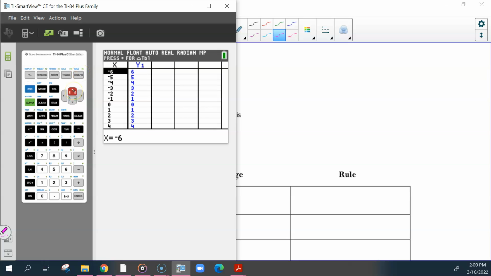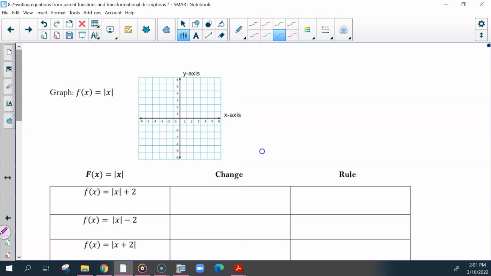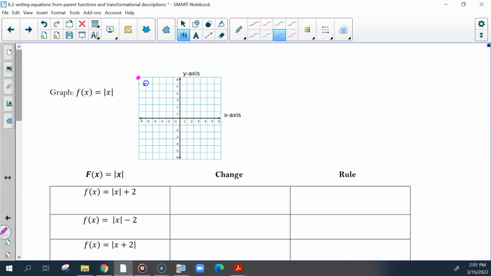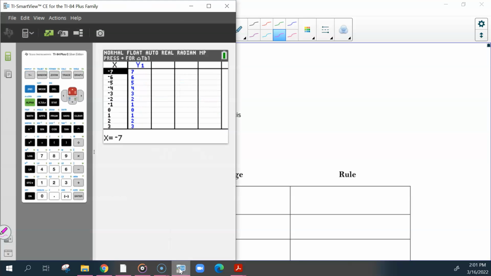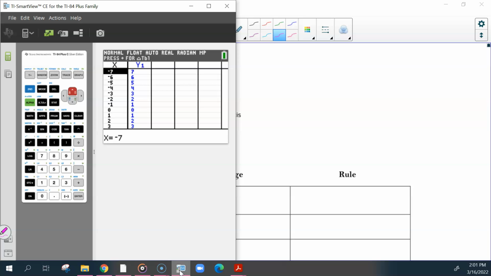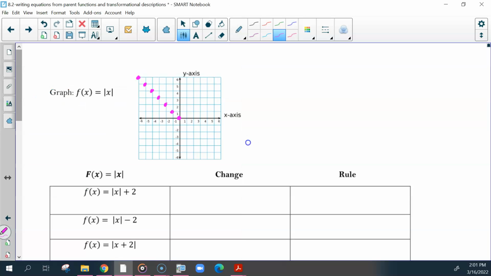What you see is that all these values are the same, so grab as many as possible. So it's at negative 6, 6, negative 5, 5, negative 4, 4, and you see this until it gets to 0. And then at 0, it's going to go back up, so 1, 1, 2, 2, and all those.